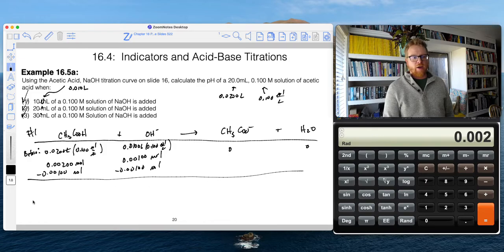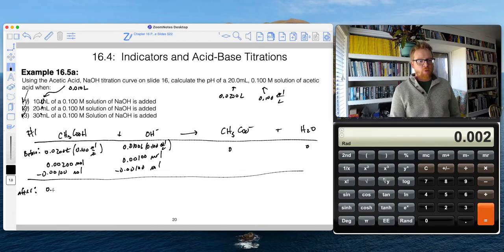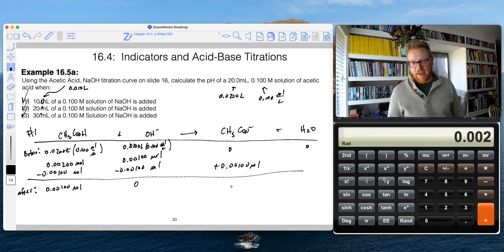Now if I look at the after situation, I've got 0.00100 mole of this left. I've got 0 of this left, but we also remember that if I consumed 1 millimole of acetic acid, I have to create 1 millimole of acetate.